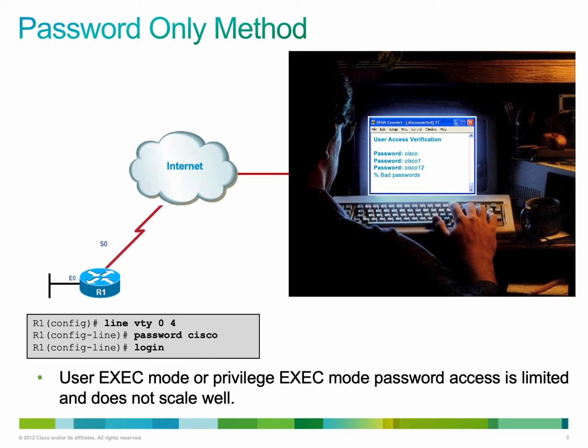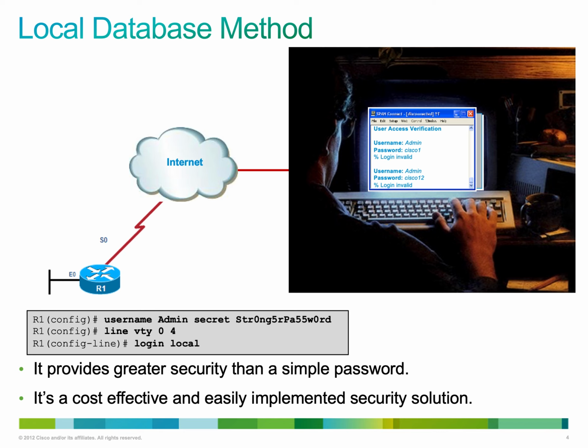So this execute mode or privileged execute mode password is limited to those who have access to configure the router, the servers, the switches, and all your network devices. Those who have this access will automatically be able to configure things.